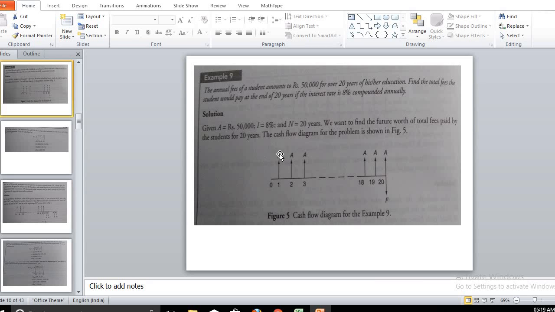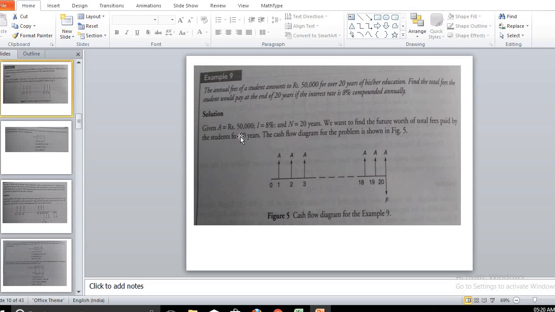For each slot, the first year, second year, third year, he pays some money, and if we consider a 20-year span with 8% interest, how much will be the total money? So this example is somewhat like the consideration of EMI for a particular loan.